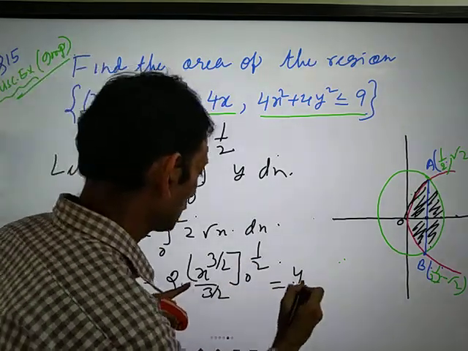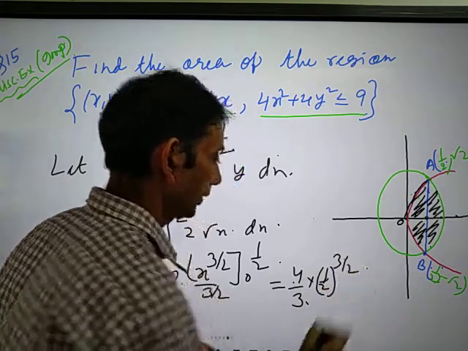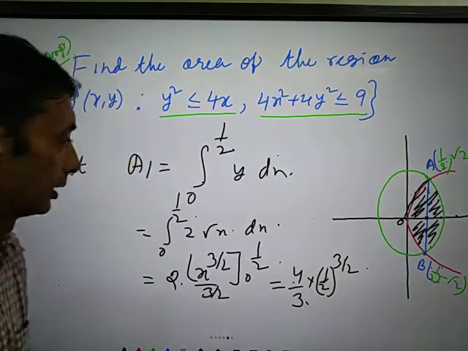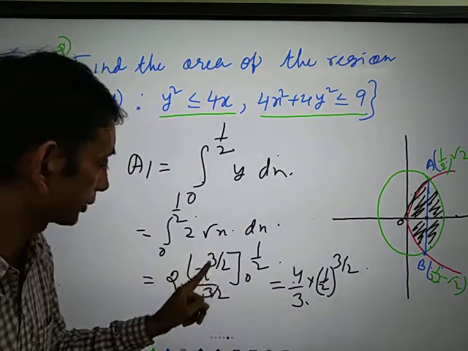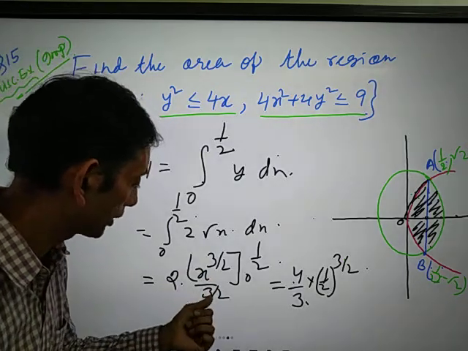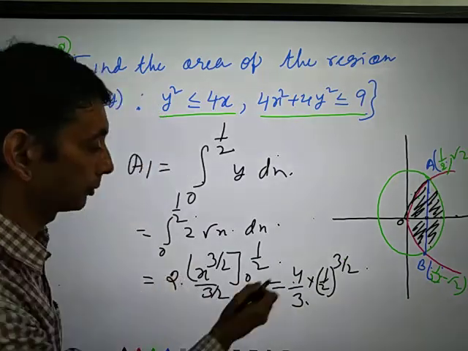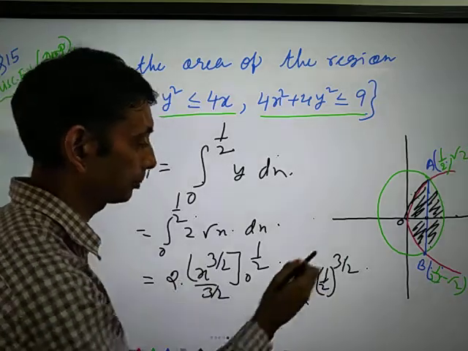This is half to the power 3 by 2. We can simplify even more.